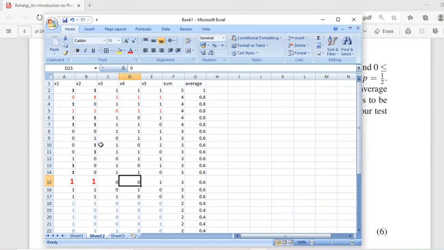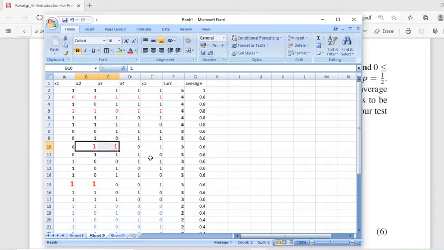If the observations are like this, that means the number of successes is 3 or the number of successes is 2.